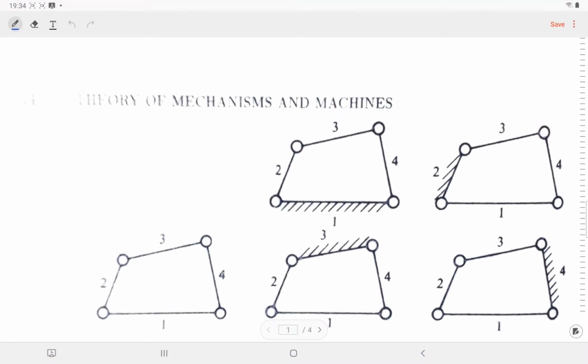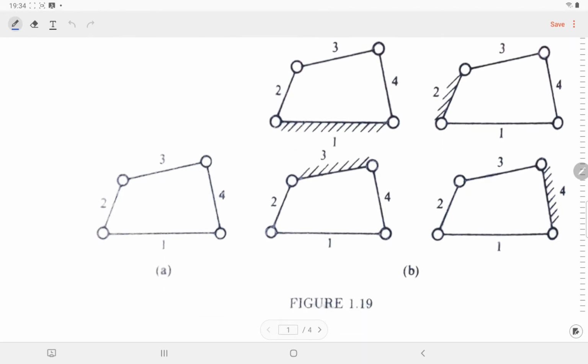So first let's take a very simple kinematic chain. This is the kinematic chain where it's a 4-bar mechanism with 4 revolute pairs. So all kinematic pairs are revolute pairs.